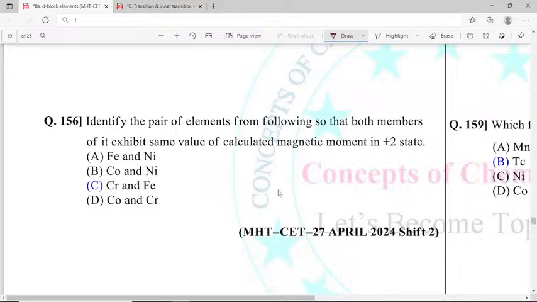Identify the pair of elements from the following so that both members exhibit the same value of calculated magnetic moment for plus 2. Chromium and iron is the answer. Chromium plus 2 is 3d4, and Fe plus 2 is 3d6.